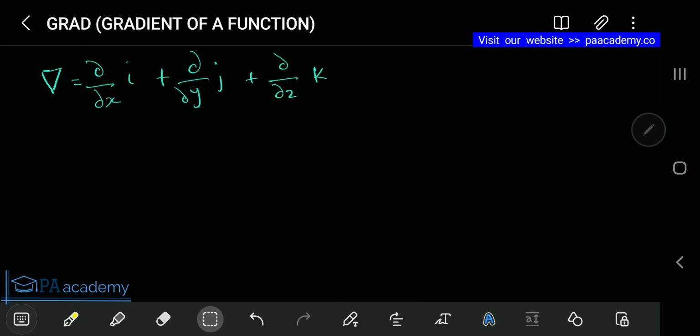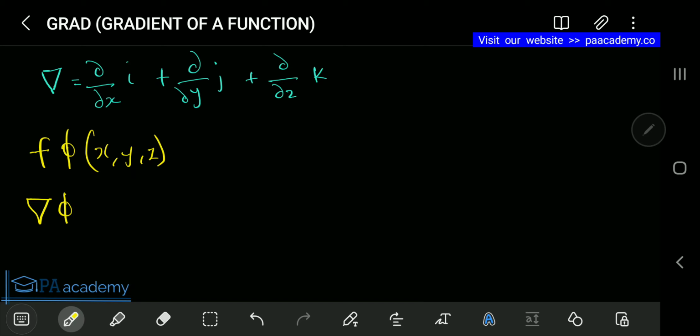Before we take an example, let's say we have a function phi with the x, y, and z coordinates, and we are asked to look for the grad. So the grad of phi will be looking like this.